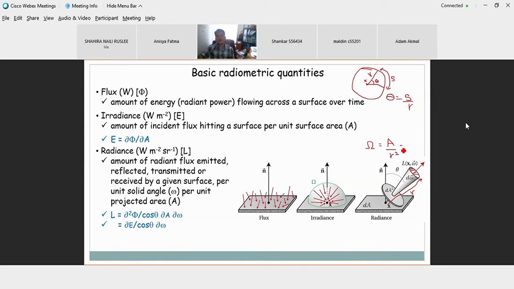For spherical, 4 pi R square. And then you bahagi dengan R square. So for the whole sphere, solid angle sama dengan 4 pi steradian.